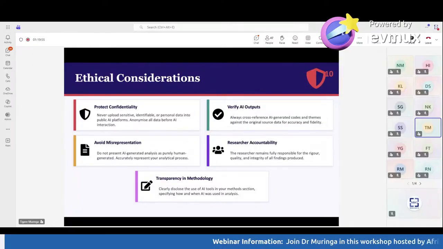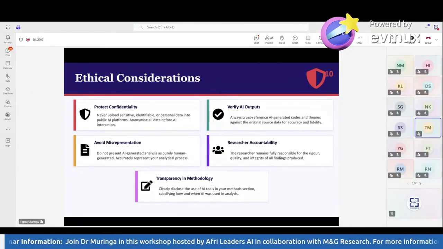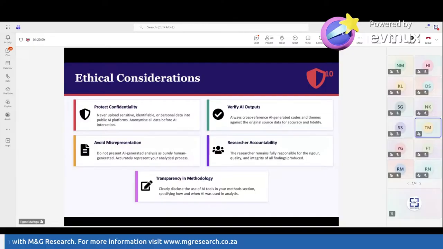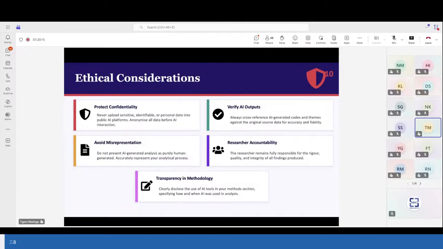So we need to verify AI outputs, always cross reference AI generated codes and themes against the original data source for accuracy and fidelity, right? You need to avoid misrepresentation, right? Do not present AI generated analysis as purely human generated, and accurately represent your analytical processes.